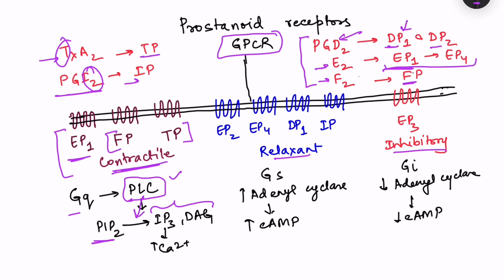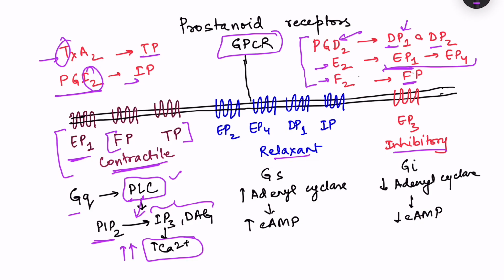So this phospholipase C acts here, leads to production of IP3 and DAG, and this IP3 causes release of calcium from the endoplasmic reticulum. So this basically increases calcium, and simple to remember, increased calcium means it will cause contraction. So these receptors are in contractile category.